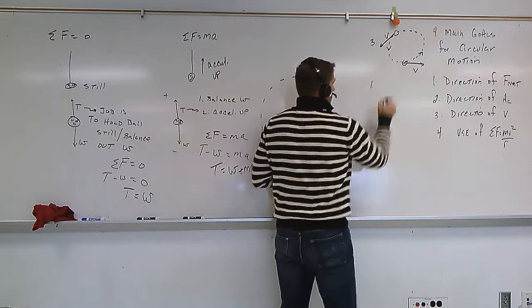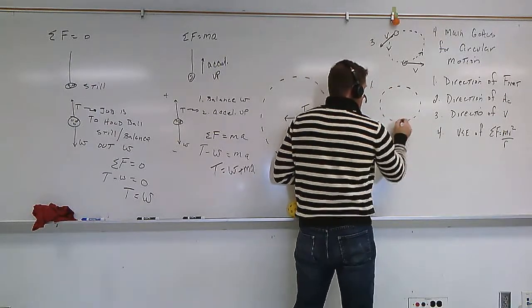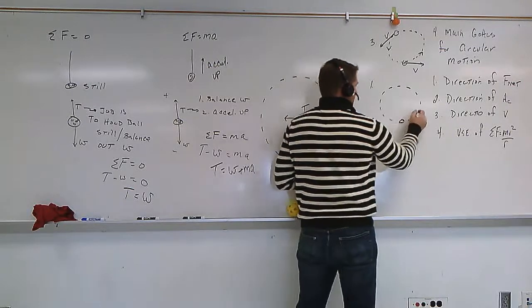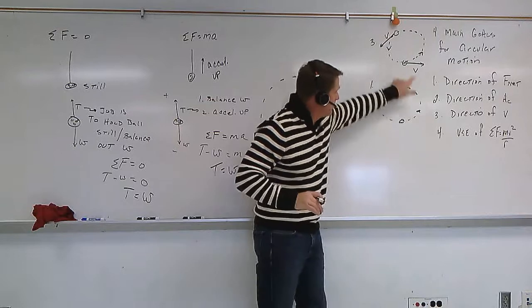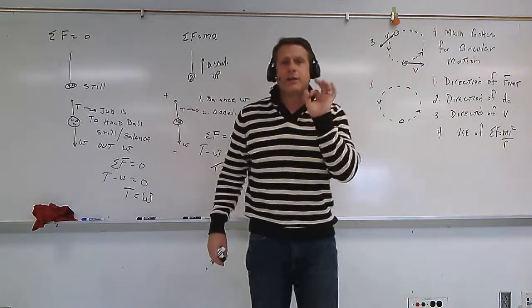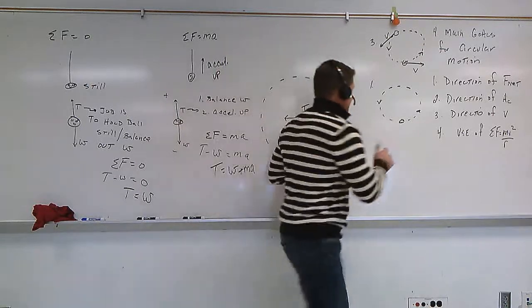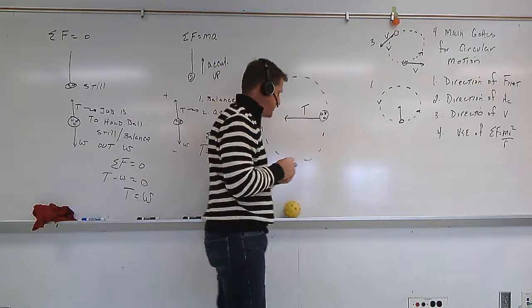So if I duplicate that same circle, then here's my object down here. It's traveling in a counterclockwise circle. It wants to go in that straight line, but the string is not allowing it. The tension in the string is directed towards the center of the circle.